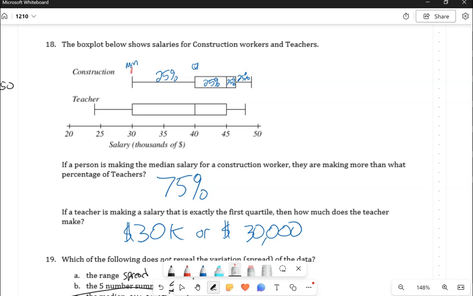The minimum construction worker makes more than 25% of the teachers. So if you happen to have lines that match up, this is really nice. The first quartile construction worker makes more than half of the teachers.